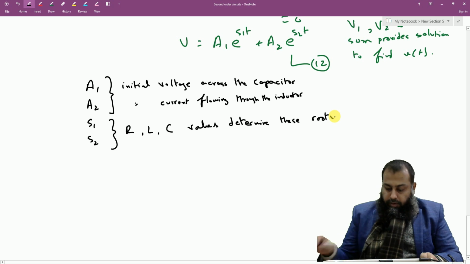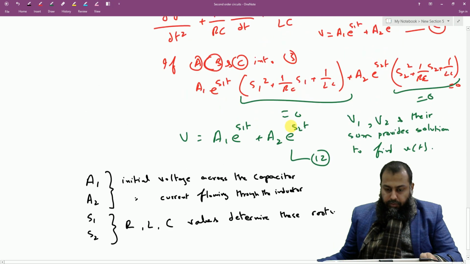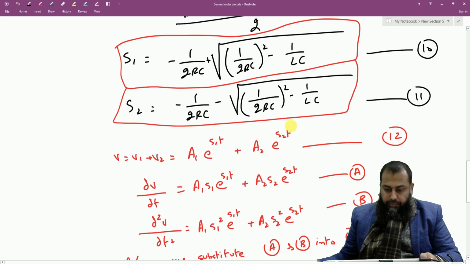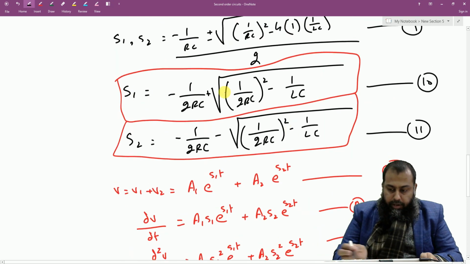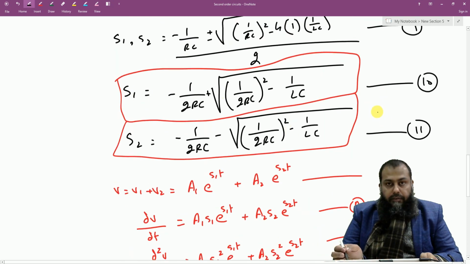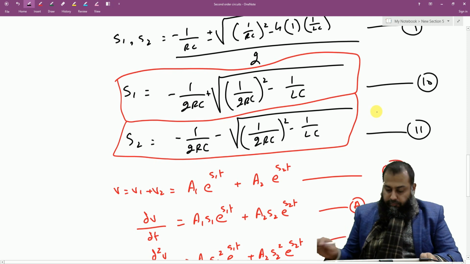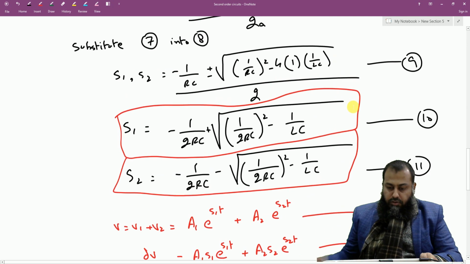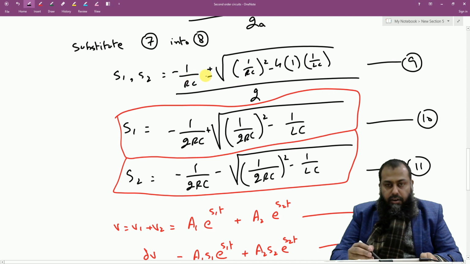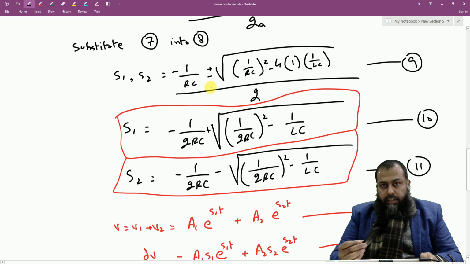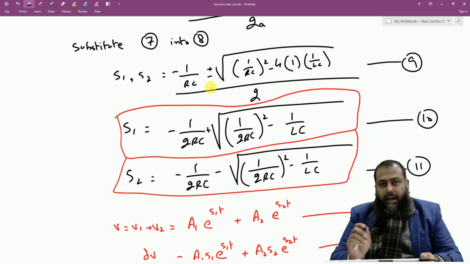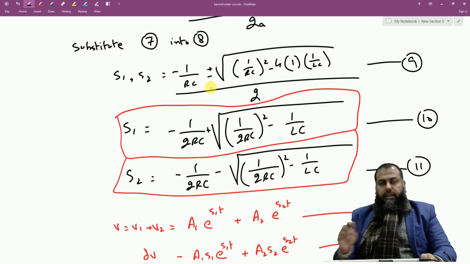Right? Let us move back to this particular equation, equation number 10 and equation number 11. Based on these two things, or based on this equation number 9, which is a general form of these equation number 10 and 11, we can actually assign some special characters to simplify our knowledge in this second order circuit.